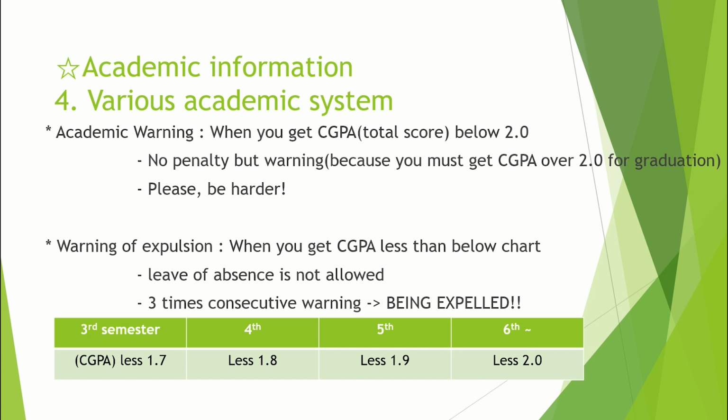We also have academic warning and warning of expulsion. After finishing the semester, if your total score is below 2.0, you will get a warning. Well, academic warning has no penalty, but it is a warning that you may not be able to graduate with that grade.